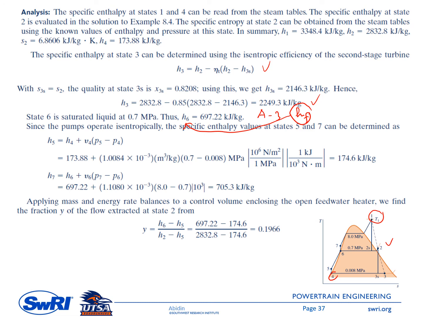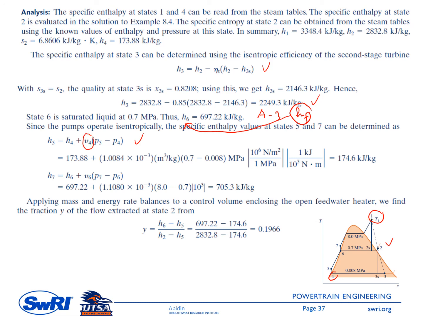Okay, and then you can calculate h5 by using this correlation, because the pump operates isentropically. So h5 equals h4 plus v4 times (p5 minus p4). v4 here is the specific volume.